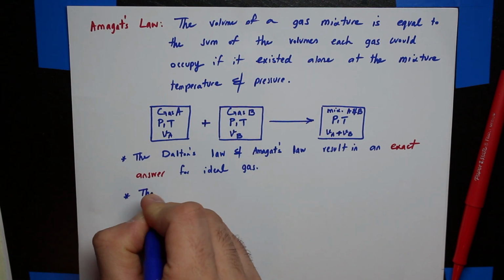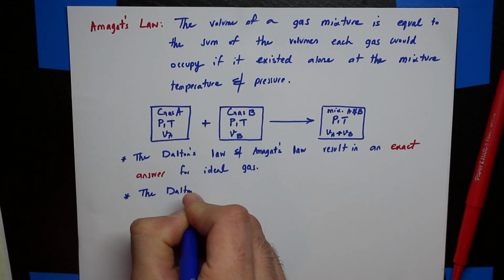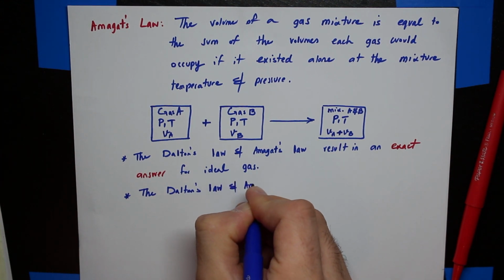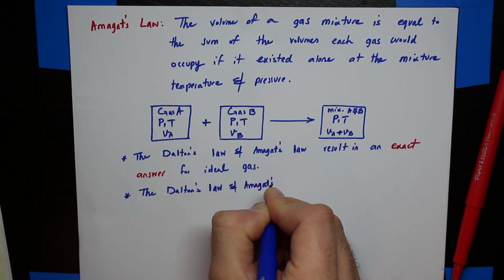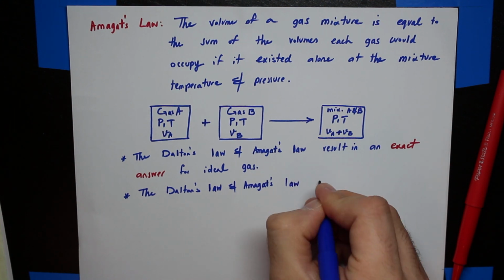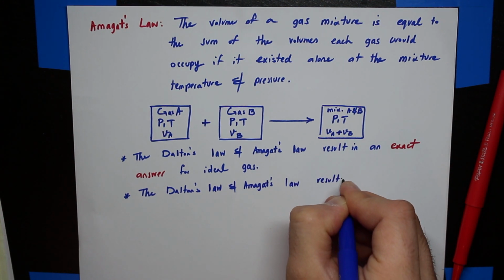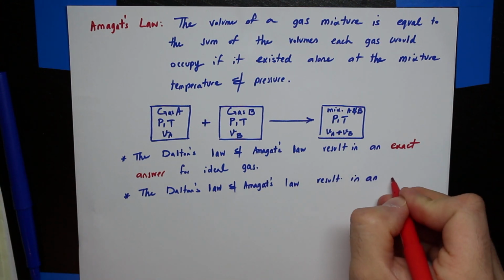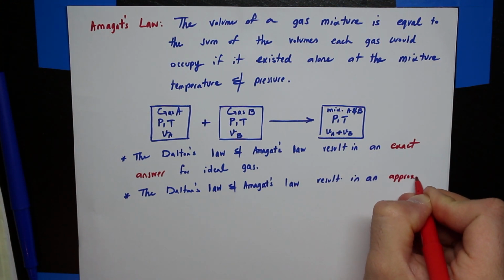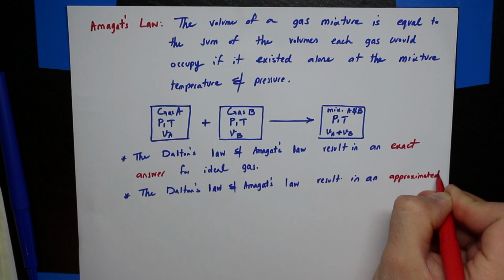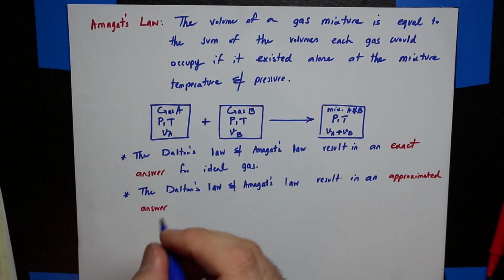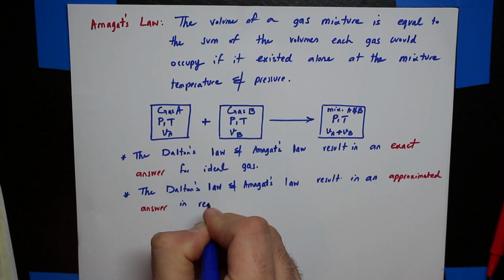Dalton's law and Amagat's law result in an approximated answer in real gases.